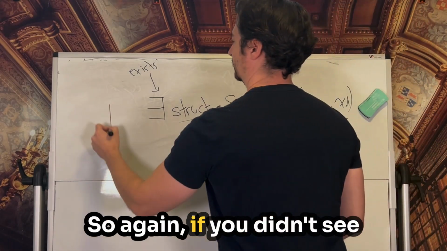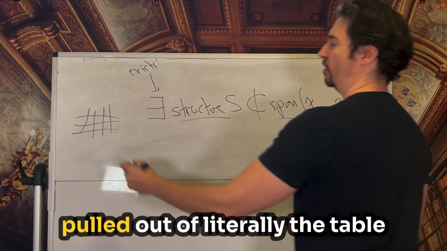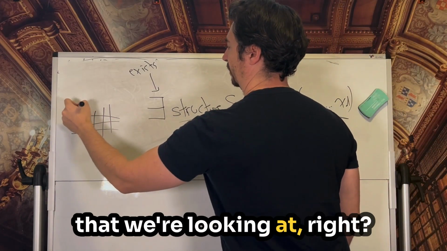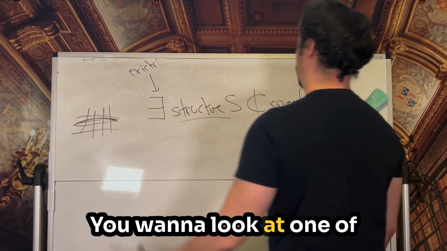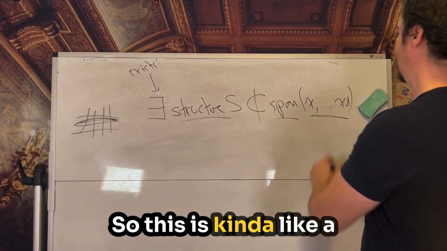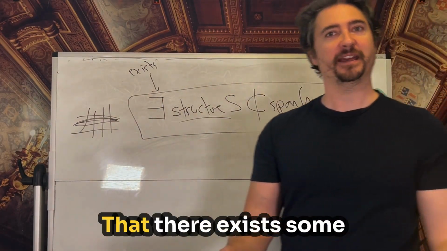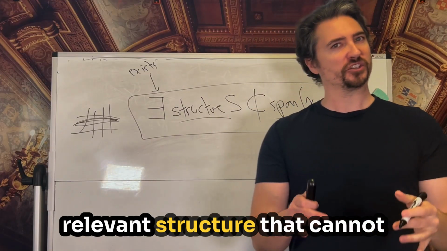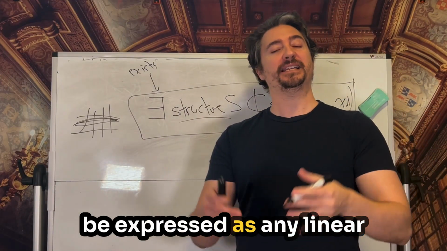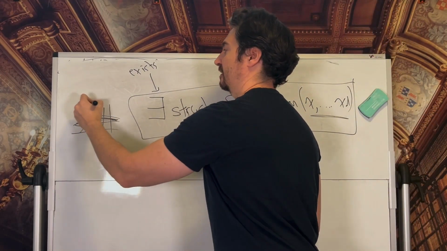Again, if you didn't see the first lesson, go back to it. These x's are getting pulled out of literally the table that we're looking at, right? You want to look at one of the rows or all the data. So what does this mean? This is a mathematical way of saying, but it's also a truth, that there exists some relevant structure that cannot be expressed as any linear combination of the given features.